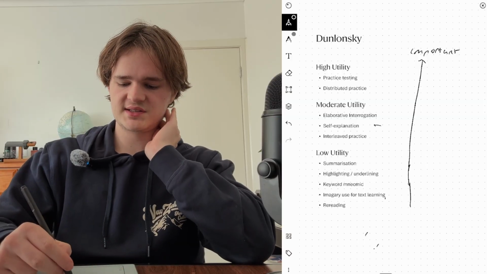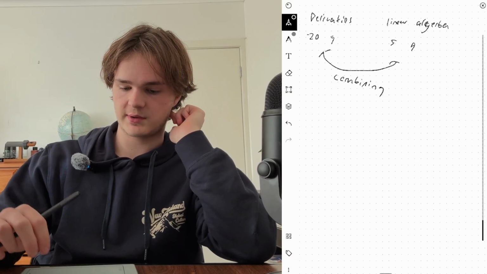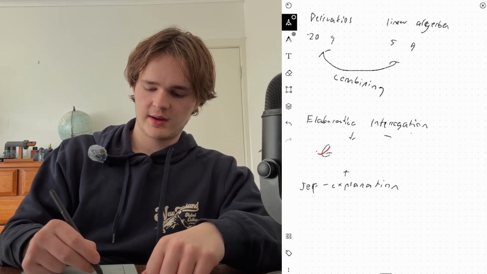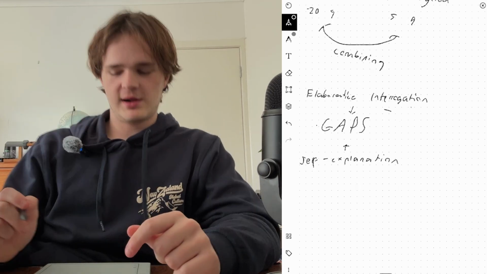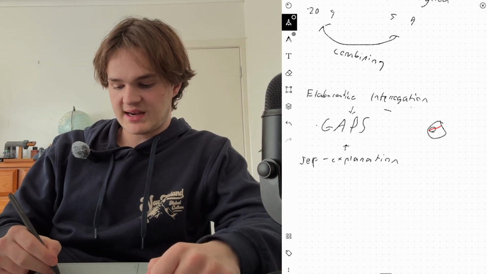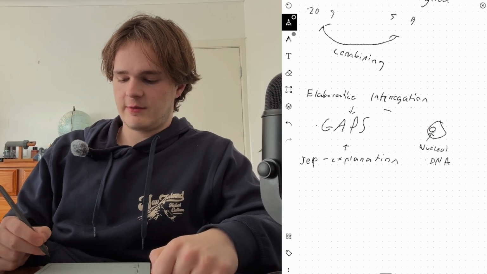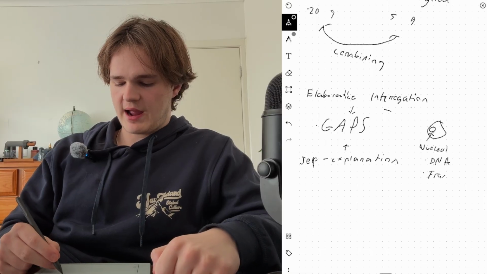Now, the next one is self-explanation and elaborative interrogation. I'm going to go through these together because I think they're very synonymous with one another. These tools both have something in common, which is finding gaps in your knowledge. Now, what is a gap? Say you're learning something about the cell again, and we've got the nucleus here. We know that it's got DNA in it, but the question we have is, does transcription happen here?